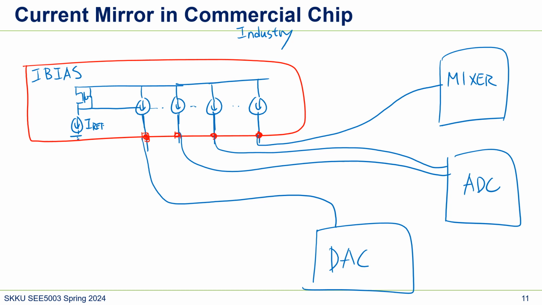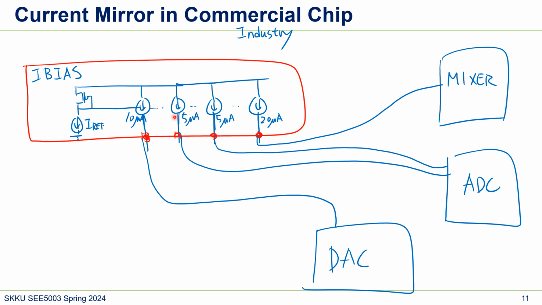So this is one way to implement this I bias. The point is that there is a current bias block that uses current mirrors, and this can be maybe 10 microamp, this can be 5 microamp, this can be 5 microamp, or a bunch of current values. The central I bias block provides current to multiple circuits that need some current.